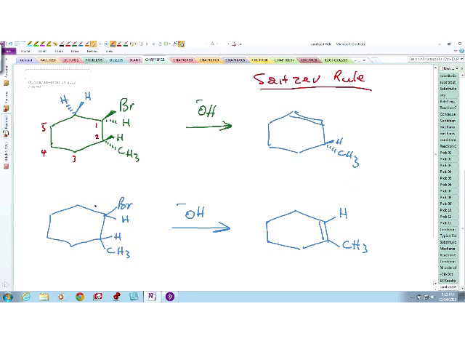So you need to pay very close attention to the stereochemistry of the product. Now the next question is, how do you recognize an E2 reaction? Can you determine whether a reaction is an E2 reaction or E1 reaction?